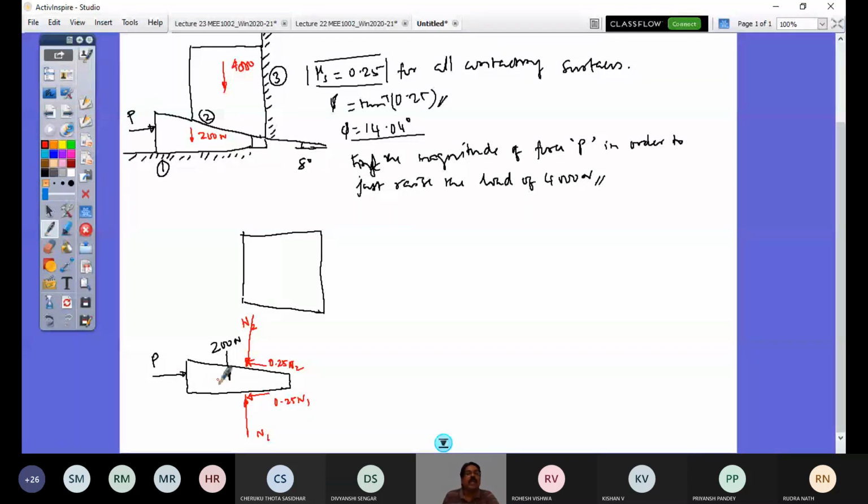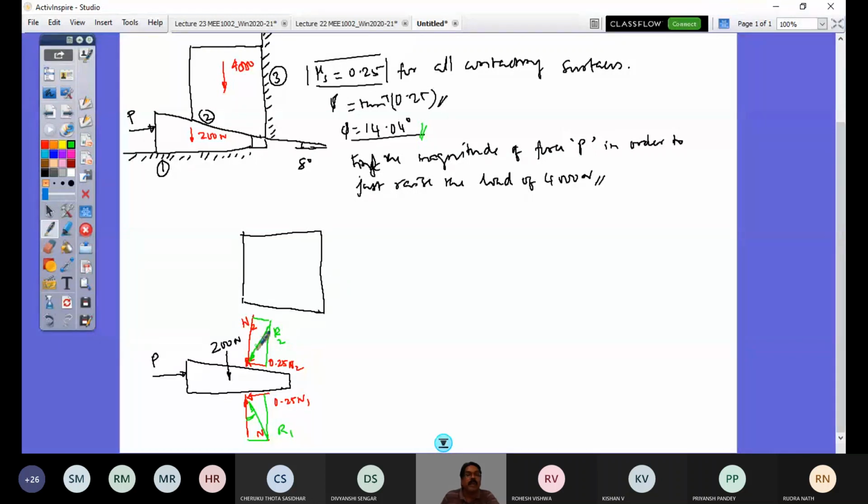So if I combine that, I would have here this force, which is R2, and here this, which is R1. So this R1, R2 both would have the same angle to the normal, whatever we have got, this 14.04 degrees. Here also it's 14.04 degrees.